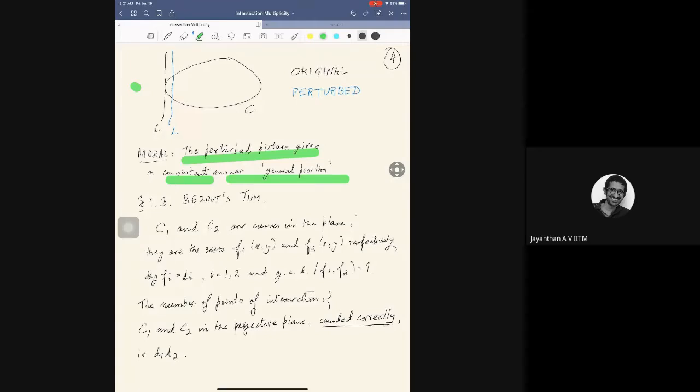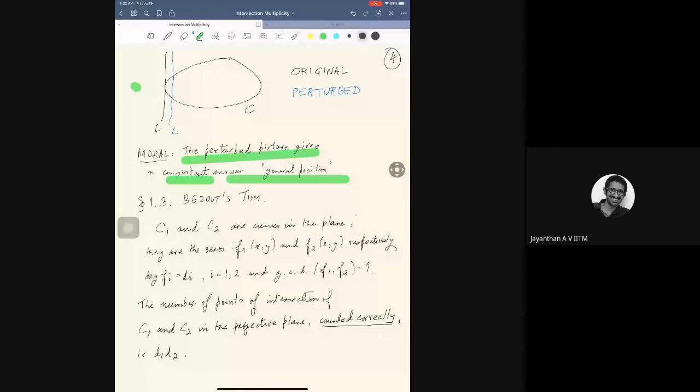Okay, so Bézout's theorem, what does it say? You've got two curves in the plane. And I usually have many more hypotheses than are necessary, and I'm sure all of you know it. So I'm just keeping F1 and F2 irreducible so that there are no common components, to make sure that the intersection is a finite set of points.